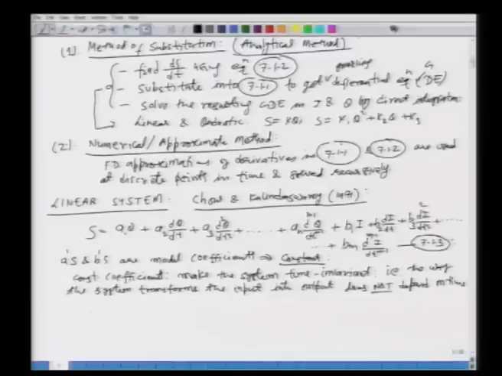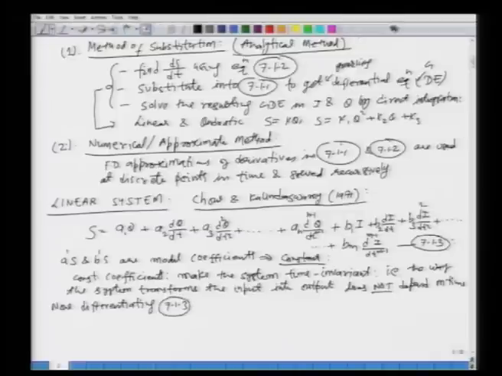All right. Now, as per this linear system, or Chow and Kulandaiswami's theory, what do we do? Well, in order to develop this model, we differentiate equation 7.1.3. Which one?